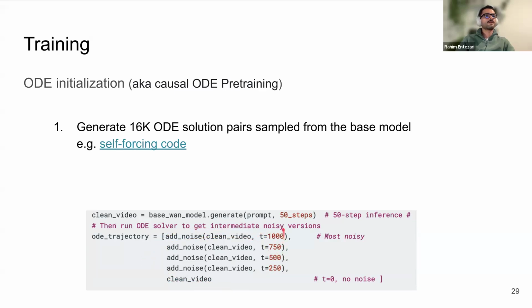So now you have generated 16K solutions, 16K videos, which are clean videos. Not only this, but you know what this video would be if I add 250 steps of noise, 500 steps of noise. Why do I want to save this? You'll see in the next slide. So that's straightforward, right?